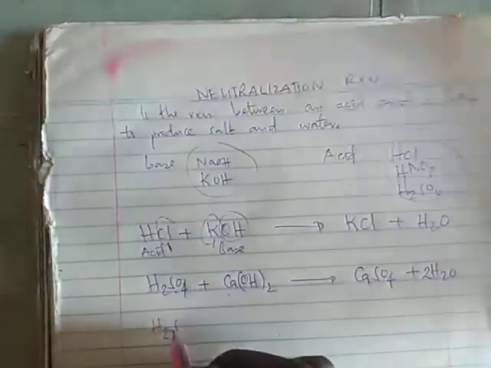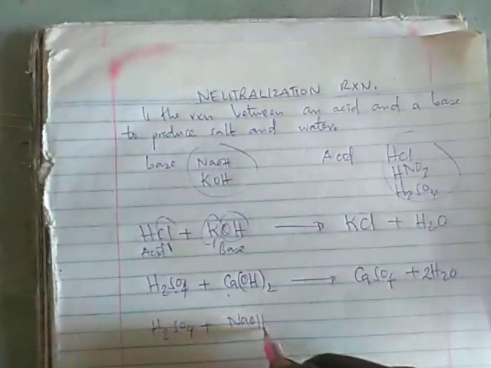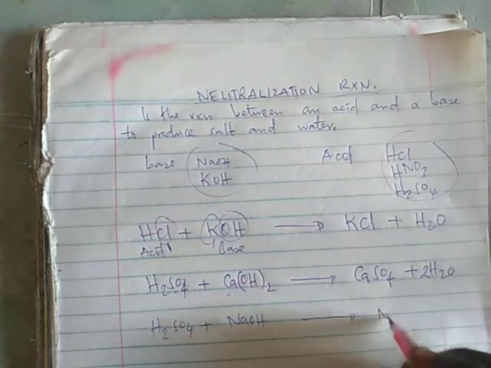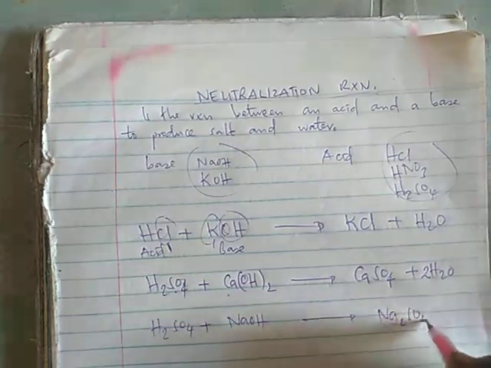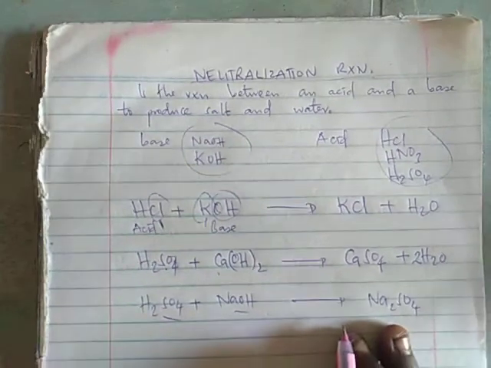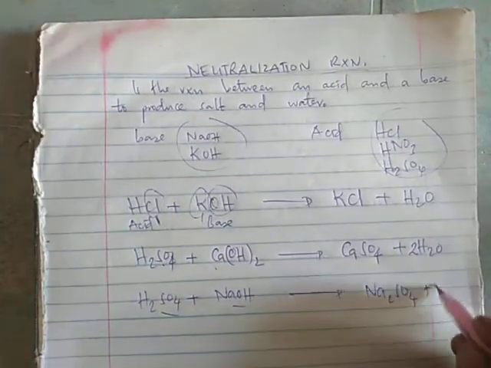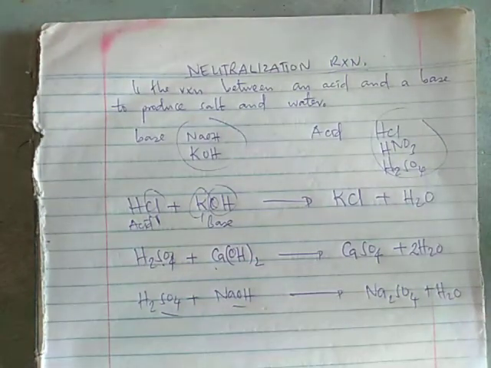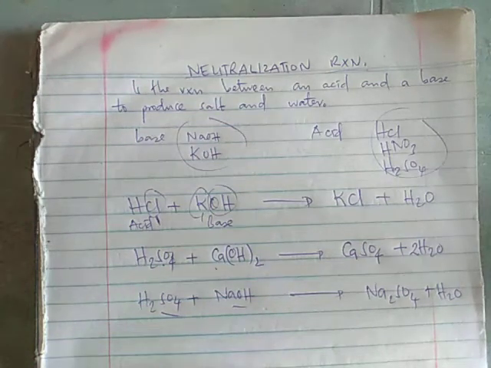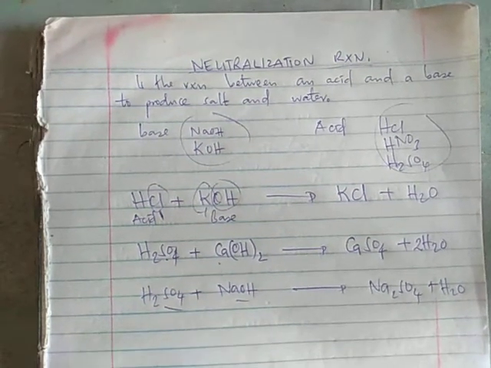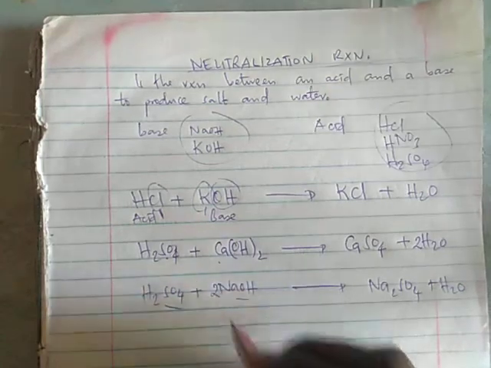Let's say it's H2SO4, it reacts with sodium hydroxide, then tunaenda kupata sodium sulfate, sababu sulfate ndio attach kwenye sodium, sulfate plus H2O. Unaona, kwa hiyo sodium sulfate plus H2O, that means pale itakuwa mbili.